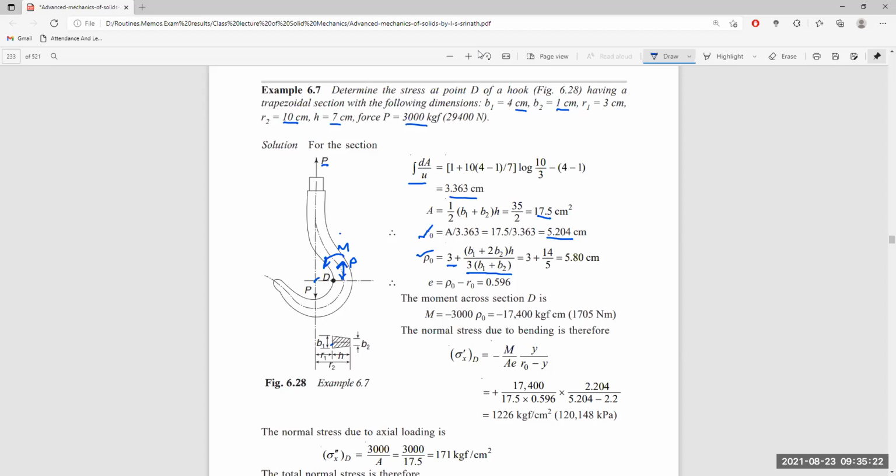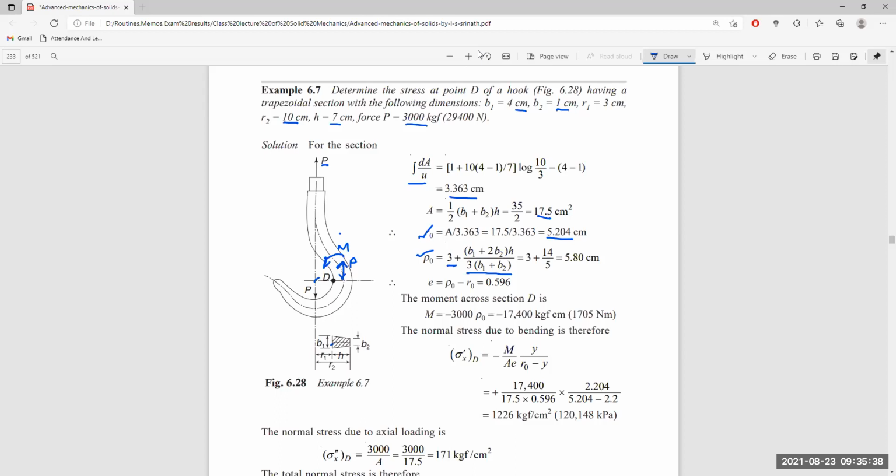R0 is the distance of the centroid from the center of curvature itself.